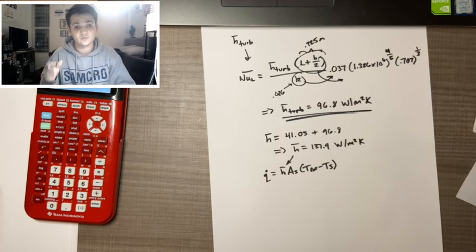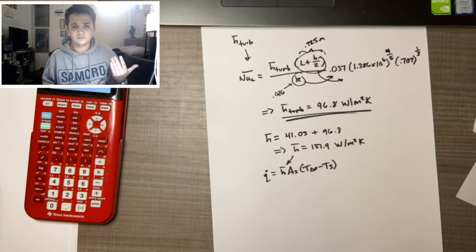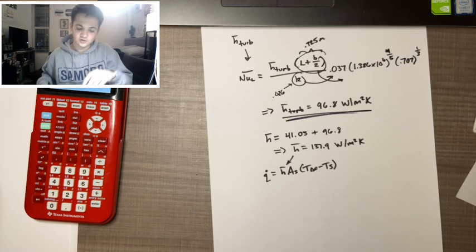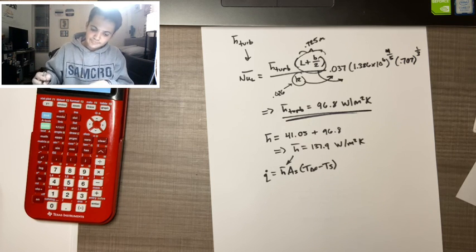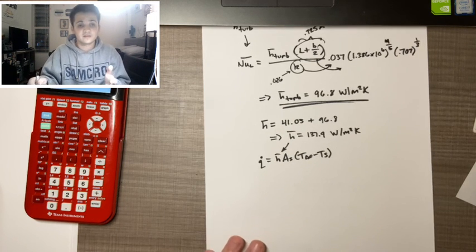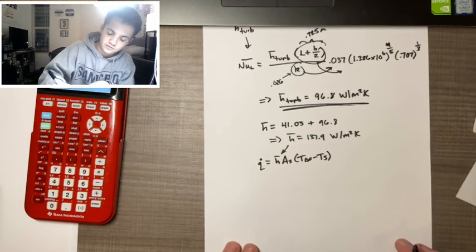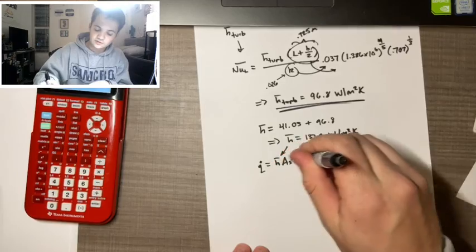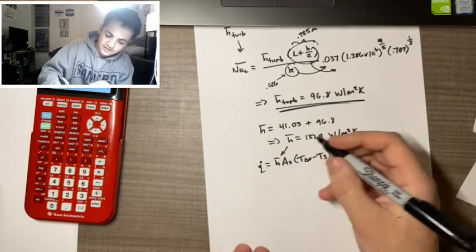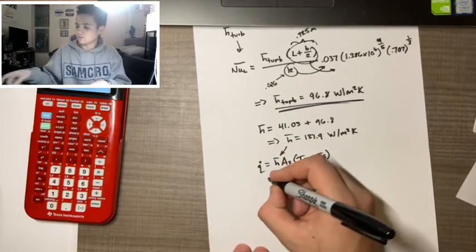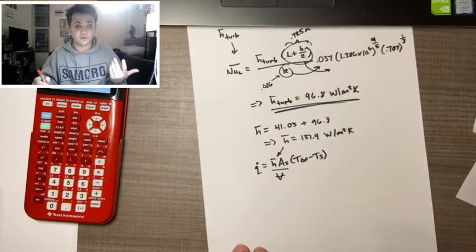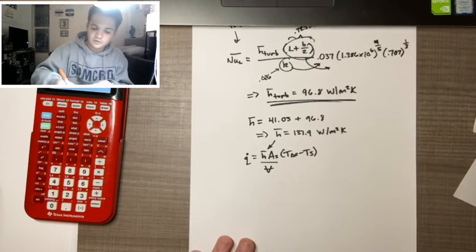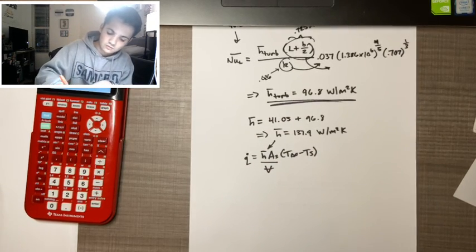Q was requested in units of watts per meter cubed, which is a little different than what you're probably seeing for Q dot, but it's important to note because it'll change your answer a bit. So what makes meters cubed? Well, that would be volume. So this will all be watts per meter cubed, and we would divide this by volume.